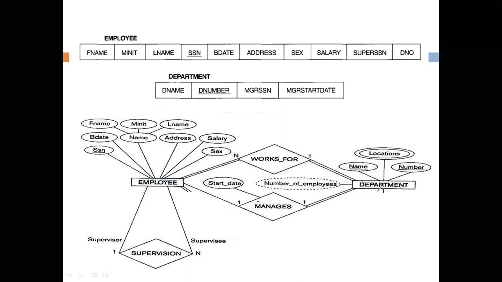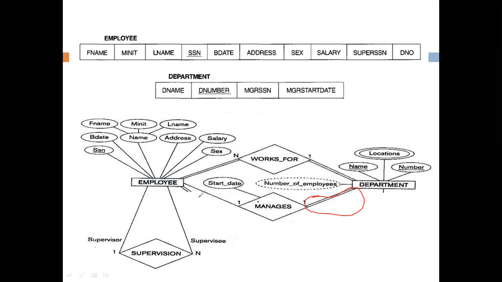Now, each department will compulsorily have a manager, which means all the department entities should have a manager, and therefore they all must participate in the manager's relation. That's why this is a double line, which means all the department entities are present in the manager's relationship.